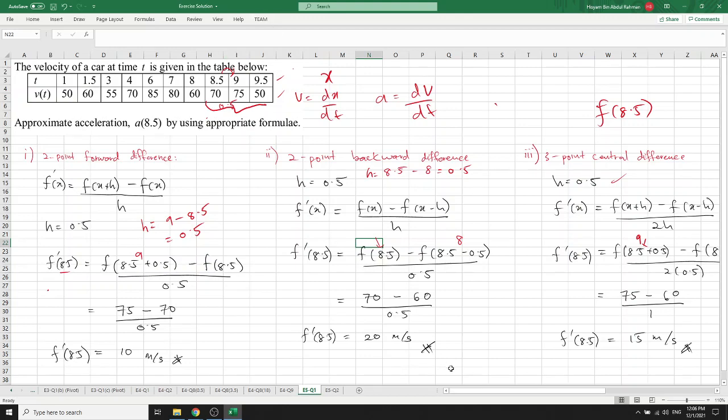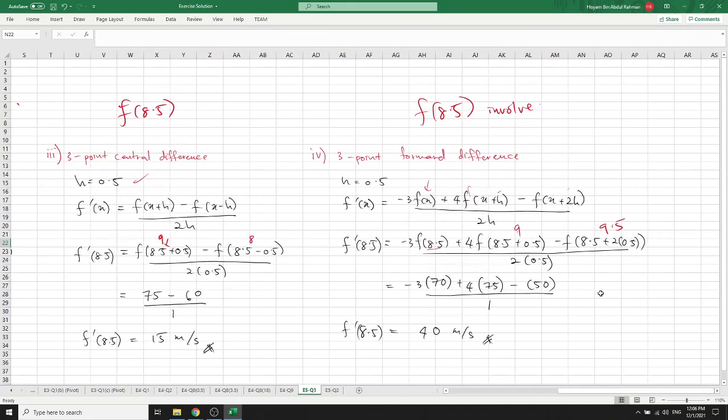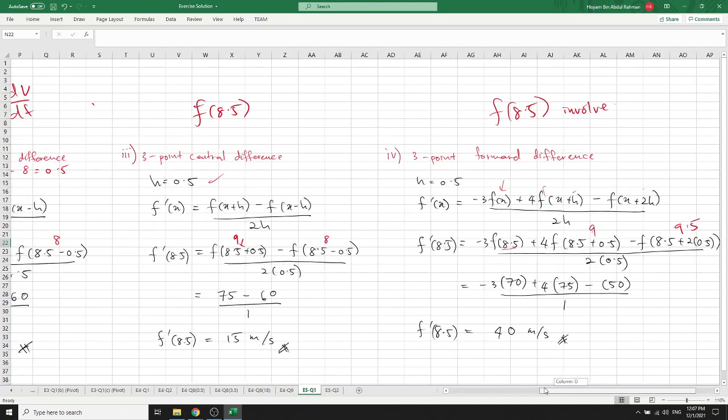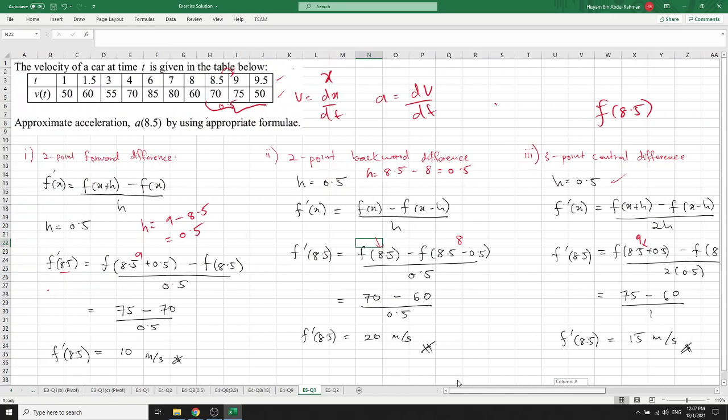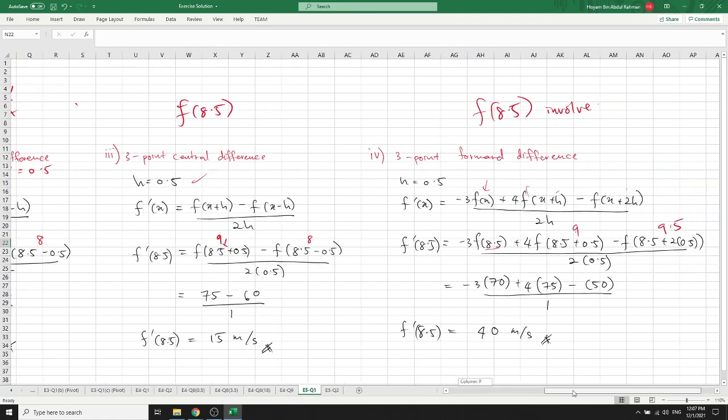So then we put everything in, the fx, and we get 40 meter per second. So all of the results give different numbers, because of the methods.